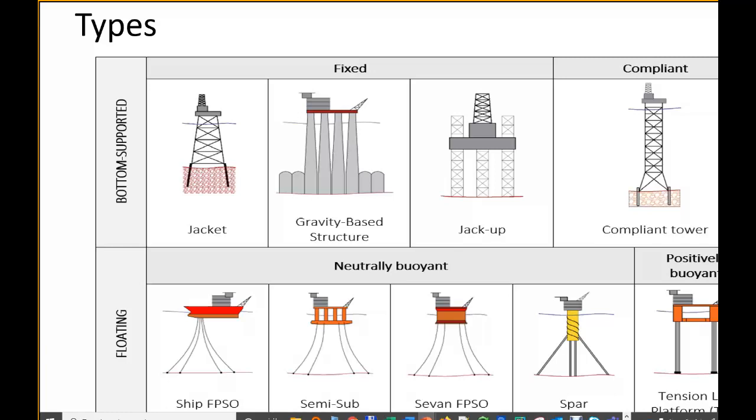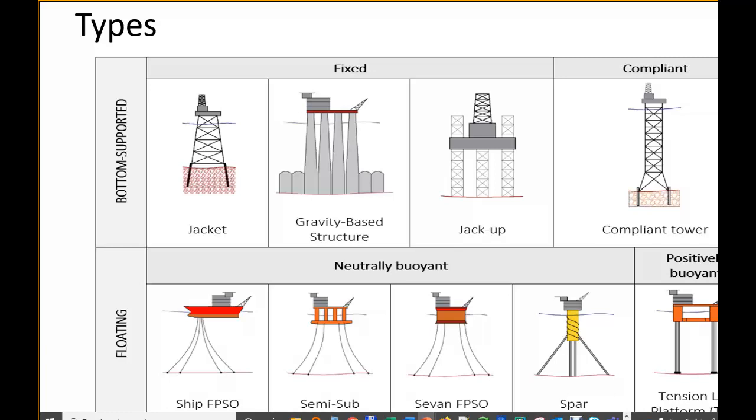In the jacket you have some piles that are hammered into the ground, into the soil, to fix it to the soil. They are made with this structure, which is a jacket. It is often a steel jacket, and you have the facilities on top of that jacket. Very much used. We are going to see in some moments when we use it.